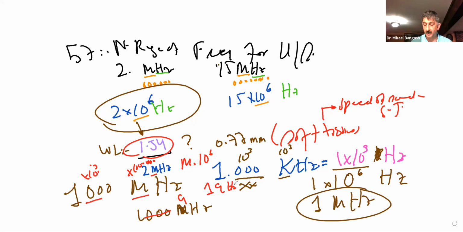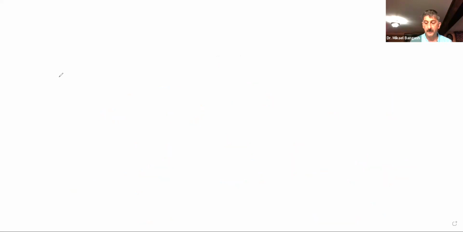So in option C, let's not go to the minus, because that's unlikely to happen. But if you write something like 10,000 hertz, what would that be? You can do it this way. 10 is 10.